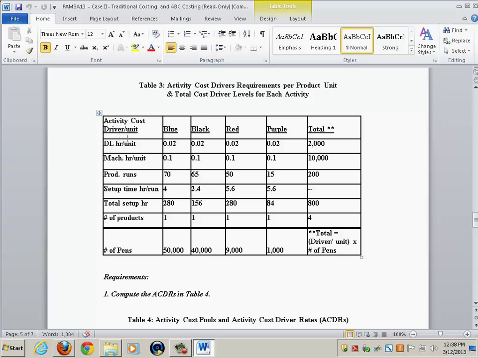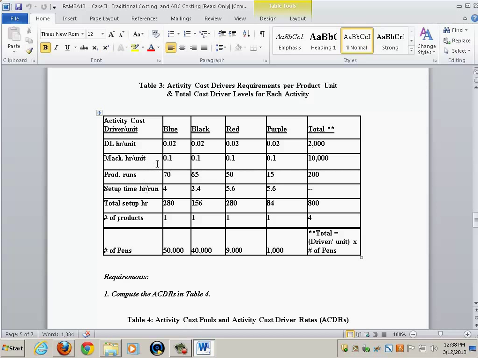So direct labor hours required per unit, first line, for each product are 0.02. In total 2,000, because you multiply 0.02 per unit by 50,000, plus 0.02 by 40,000 and so on. You get a total of 2,000.